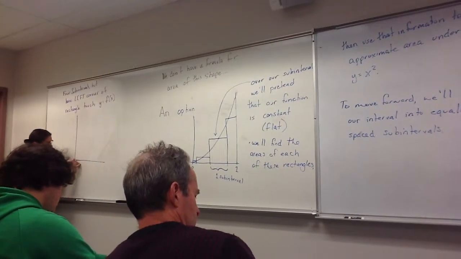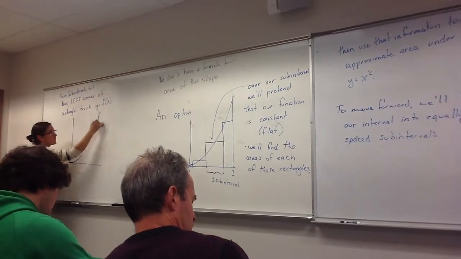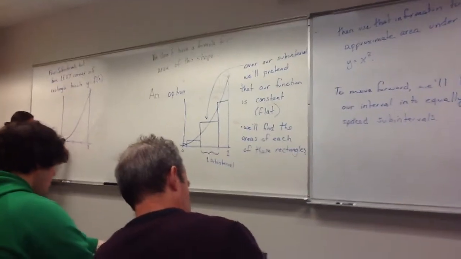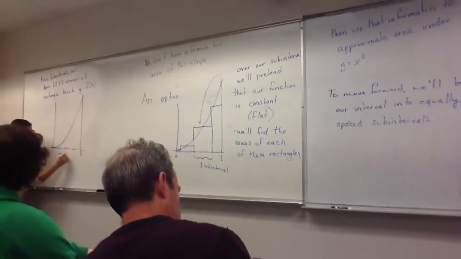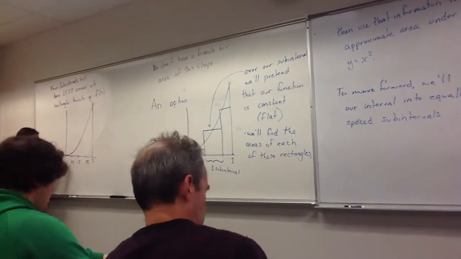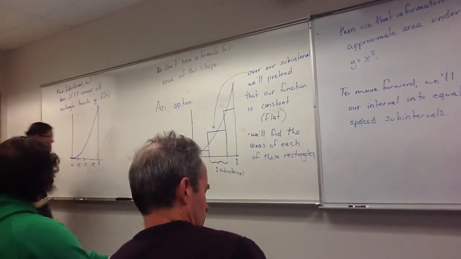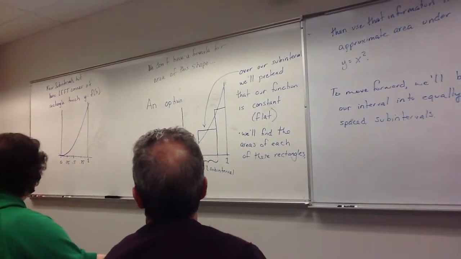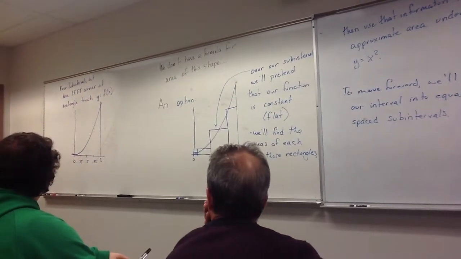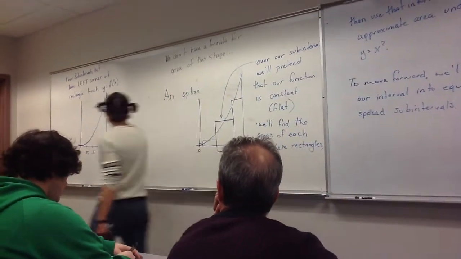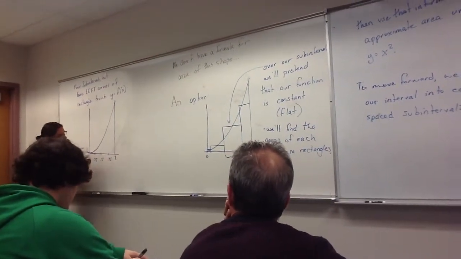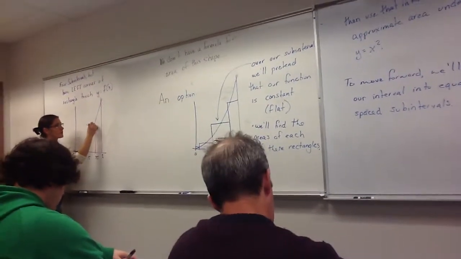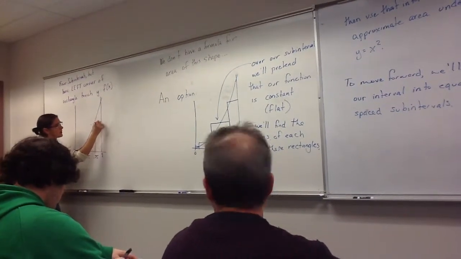If I do that, I still am going to break this 0 to 1 up into 0.25, 0.5, and 0.75. But now, each rectangle is going to touch the function on the left-hand corner. So in this last subinterval from 0.75 to 1, I'll start at 0.75 and draw my rectangle straight up to the function and then straight across.